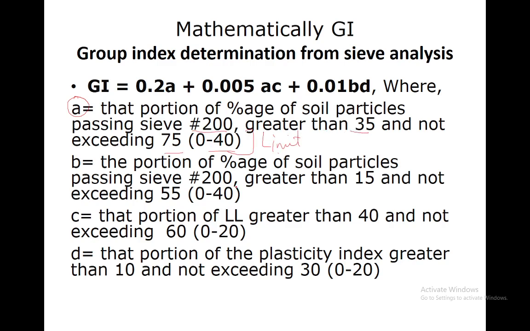Similarly B, while C is the liquid limit, which should not exceed 60 percent. The plasticity index PI, which is the difference between liquid limit and plastic limit, should be within the range of 30.